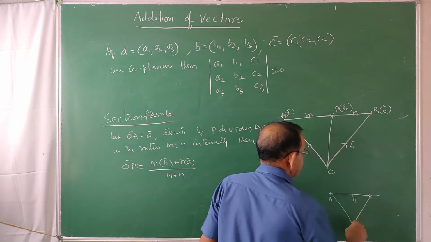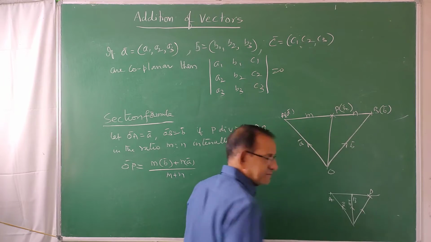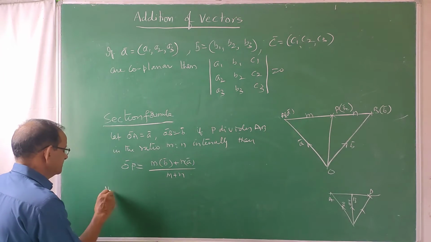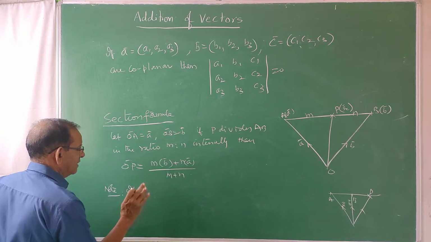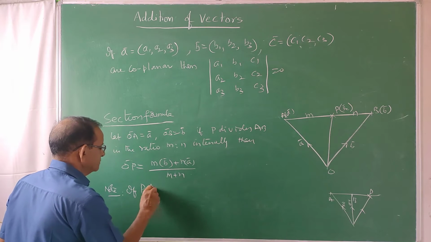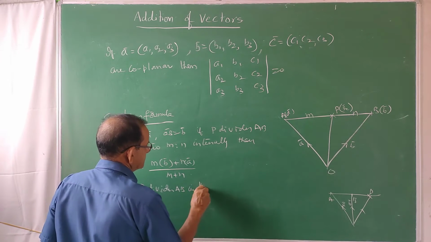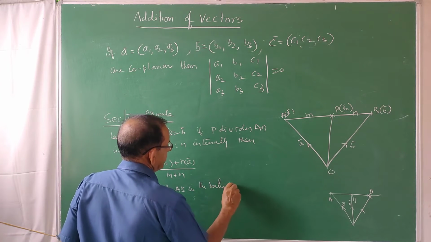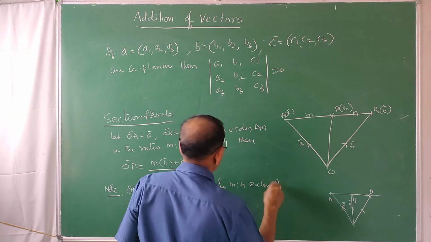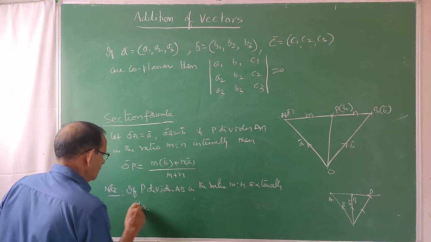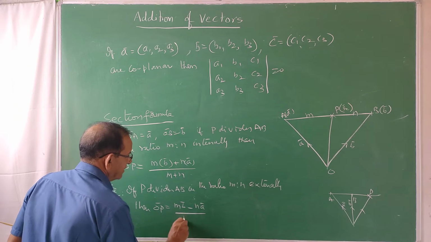Then you have to find the position vector of that P. Note, if P divides AB in the ratio m:n, the ratio is the same but externally, then OP bar is equal to (m b bar minus n a bar) by (m minus n).